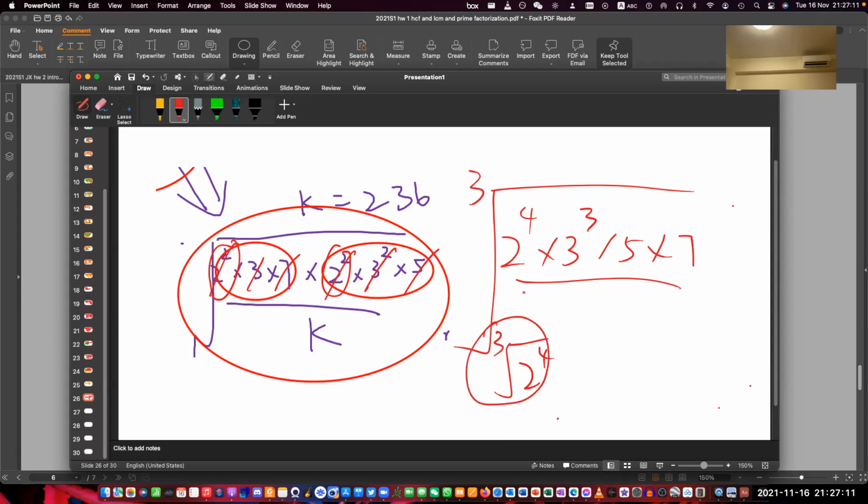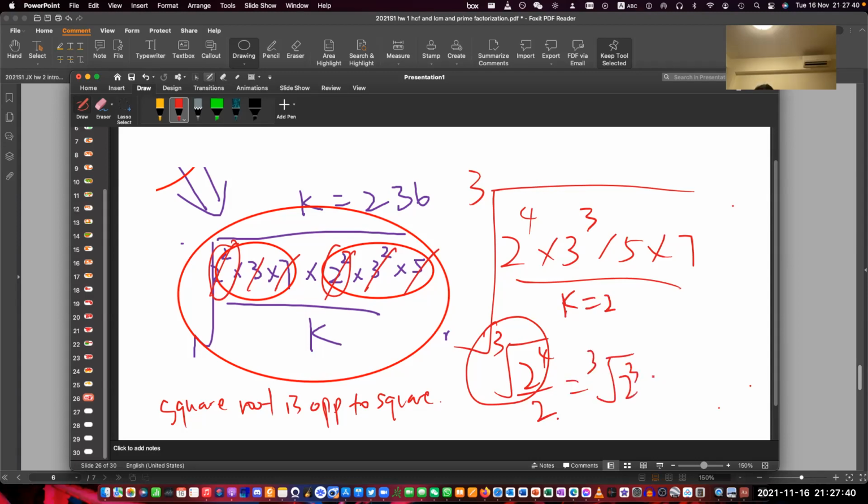The answer is no. Basically you need to remember square root is opposite to square. So therefore cube root is opposite to cube. This is not cube, this is to the power of 4. So you need to divide by 2. So therefore your k should have a 2, so that you can cube root this.